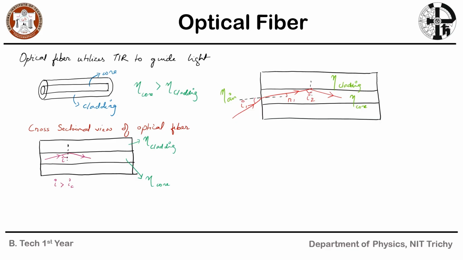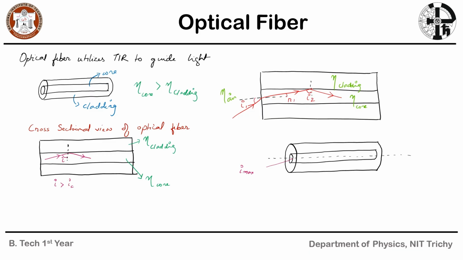From this, we can see that angle I2 depends on angle I1. The maximum value of I1 is Imax. If we take a 3D view of Imax, we get a cone. This cone is known as the acceptance cone. Imax can be calculated by this relation, and sine of Imax is known as the numerical aperture.